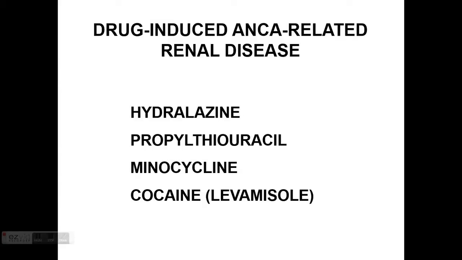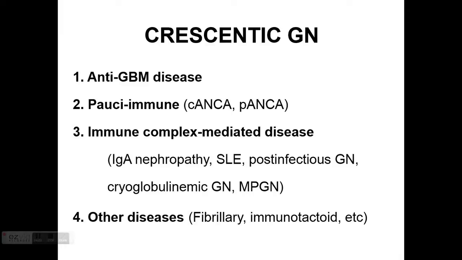ANCA-related kidney disease is basically most of the time of unknown etiology, like many other kidney diseases, but we know that some forms of ANCA can be drug-induced, and here you have several drugs that can do that. So just remember, crescentic GN is not a single disease. Anti-GBM is probably the most severe form of glomerulonephritis in general.